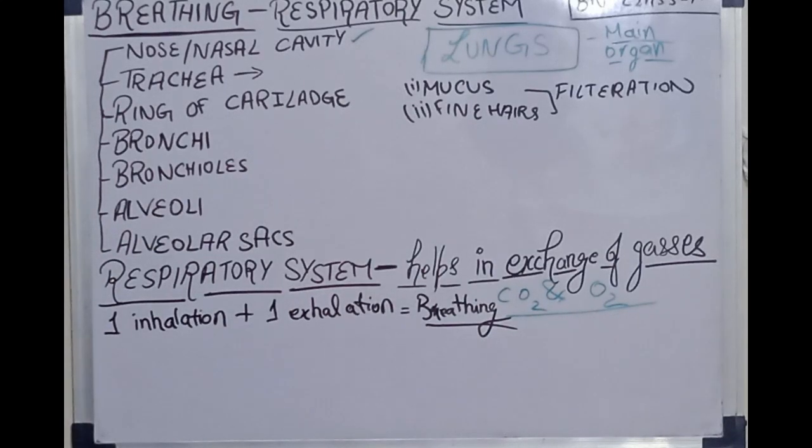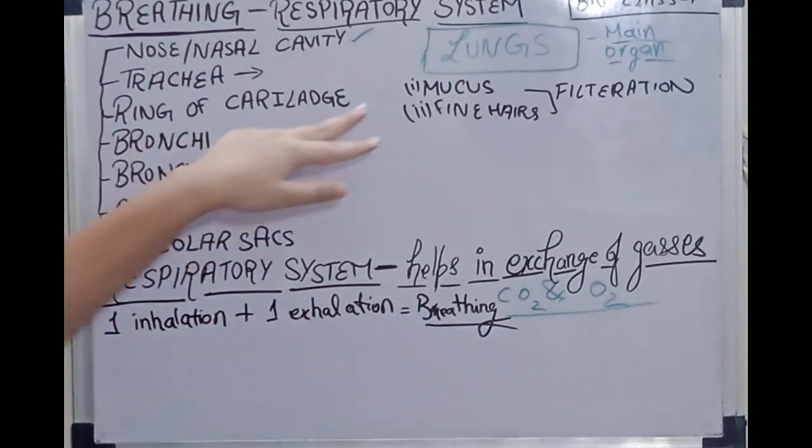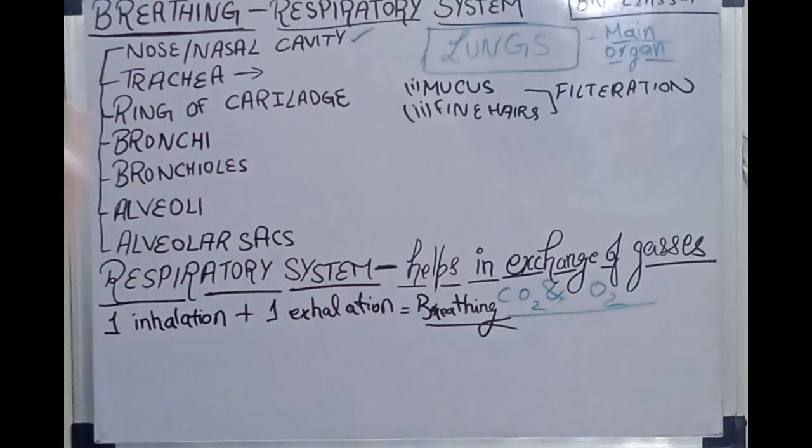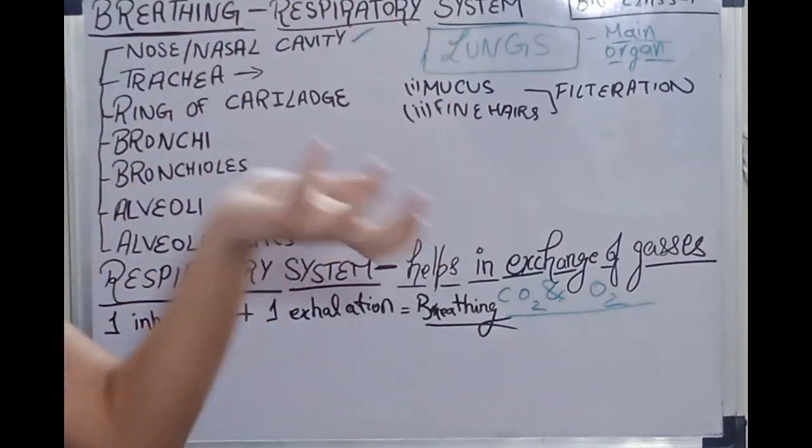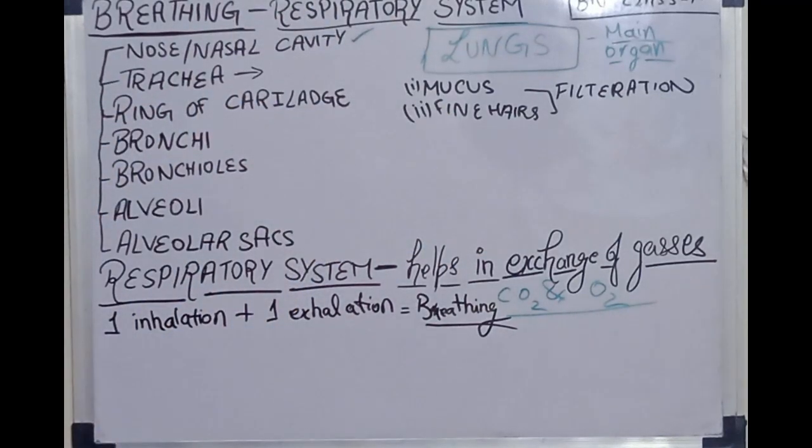It filters the atmosphere. When we inhale, we are not only taking in oxygen, right? Oxygen, hydrogen, and so many gases, the dust particles, the pollutants, everything is going inside. So this acts as a barrier. They stop the waste, the items we don't need, and only then filter the air into the body.